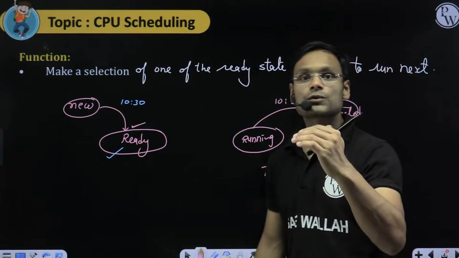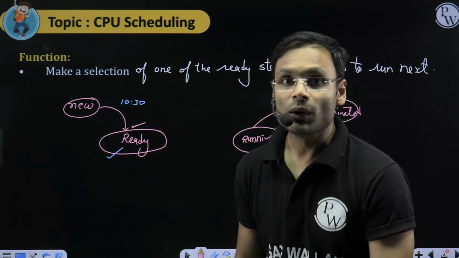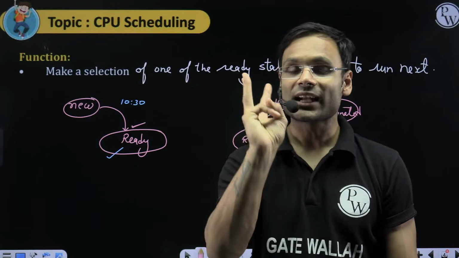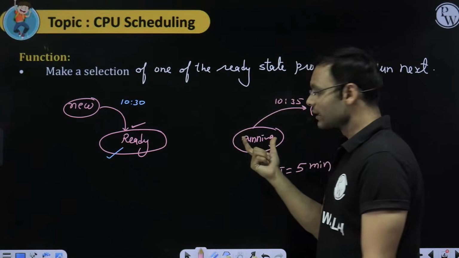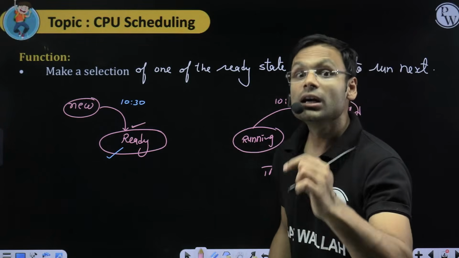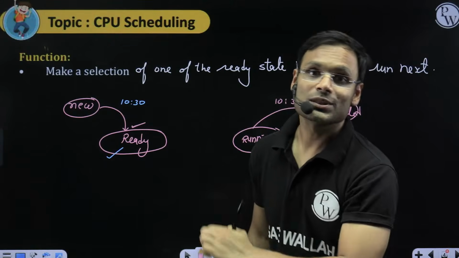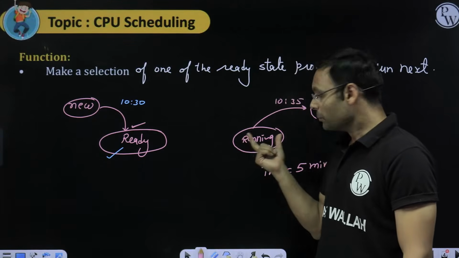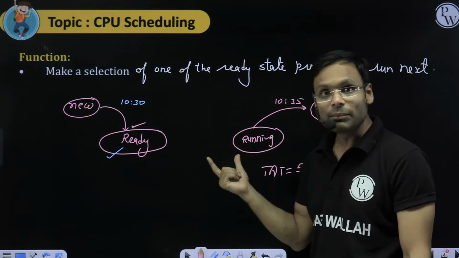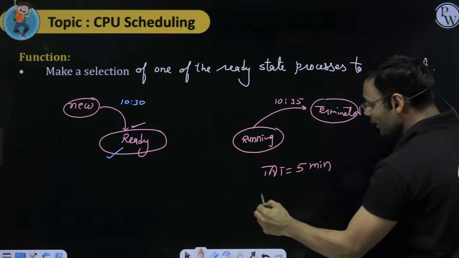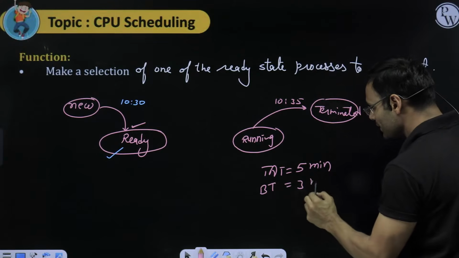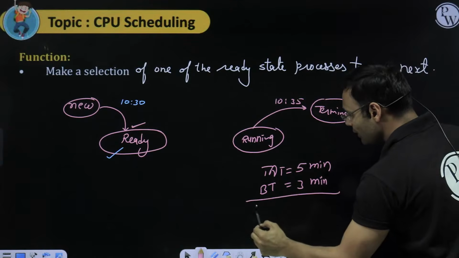But among those 5 minutes, let's assume the process spent exactly 3 minutes running on the CPU, which is the burst time of the process. So if the burst time is 3 minutes out of 5 minutes, then what is the waiting time?